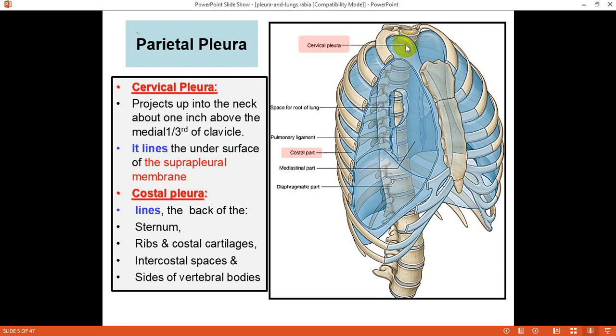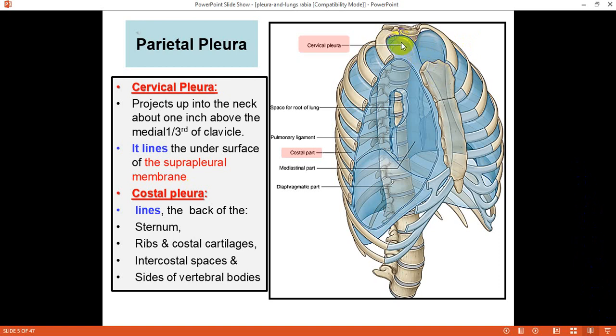Then we have already discussed that it is covered by the Sibson's fascia or suprapleural membrane, which is a thickened, dense connective tissue layer, modification of endothoracic fascia, continuation of endothoracic fascia in the root of the lung over the parietal pleura.